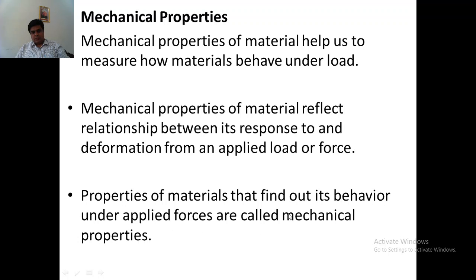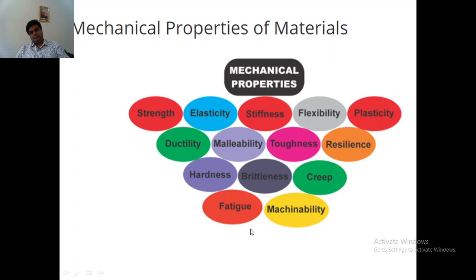So we told about mechanical properties. Properties of materials that tell us how the material behaves under applied forces are called mechanical properties. Mechanics is basically about the external applied forces on the material and how the material reacts or behaves to them.